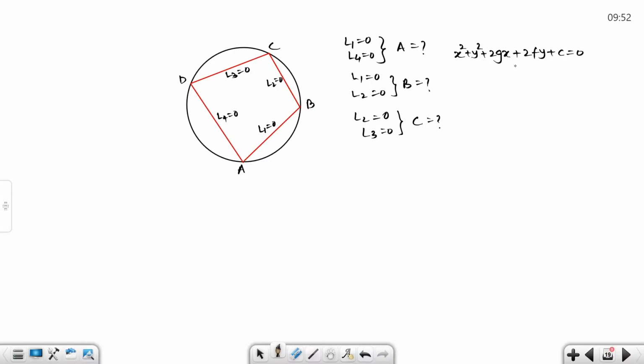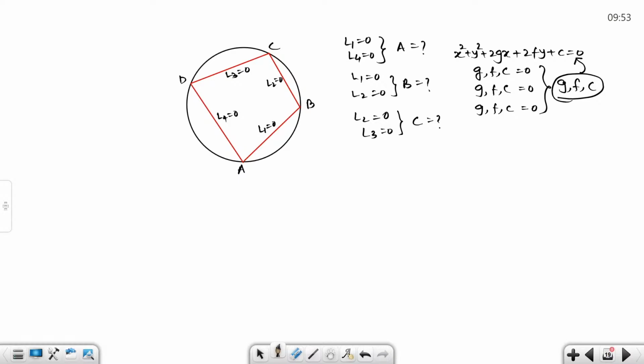As it is passing through the point A, it is going to satisfy this, meaning you get a relation between G, F and C. Similarly, if you put B, you get another relation in G, F and C, and putting in the coordinates of C gives another equation involving G, F and C. Now, if I solve these three simultaneously, you are going to have G, F and C. The moment you have these three unknowns, you know the equation of the circle circumscribing this quadrilateral. This is the basic method of doing the sum.